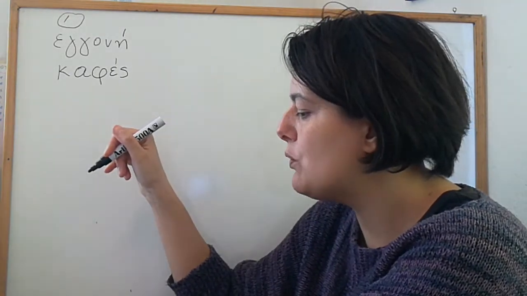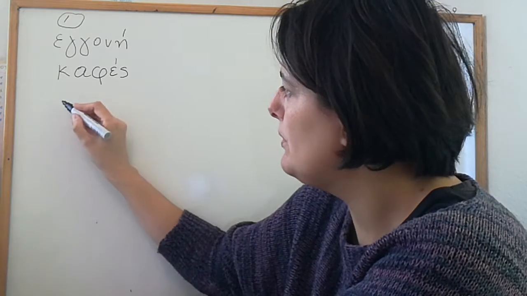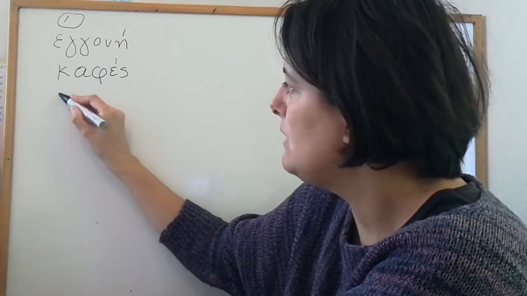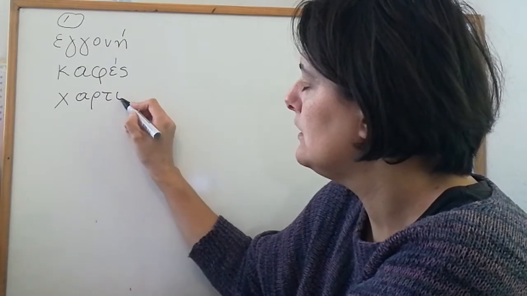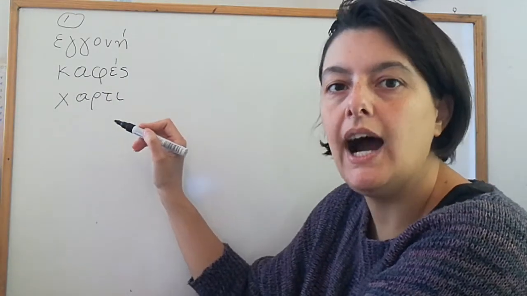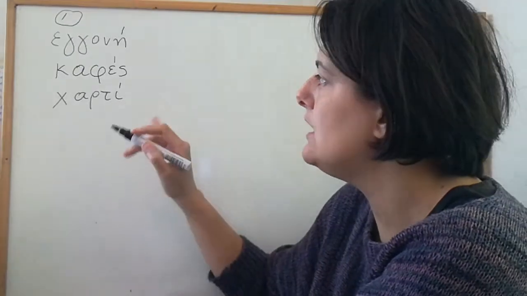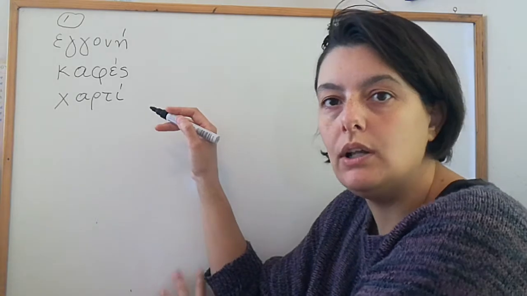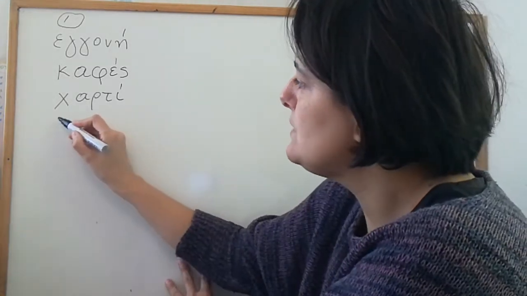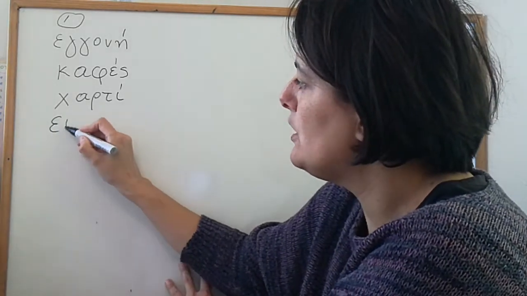If I have the word, for example, χαρτί, paper, χαρτί, we put it here. Now, if I have two vowels, for example, as we said yesterday, the word ειρήνη.